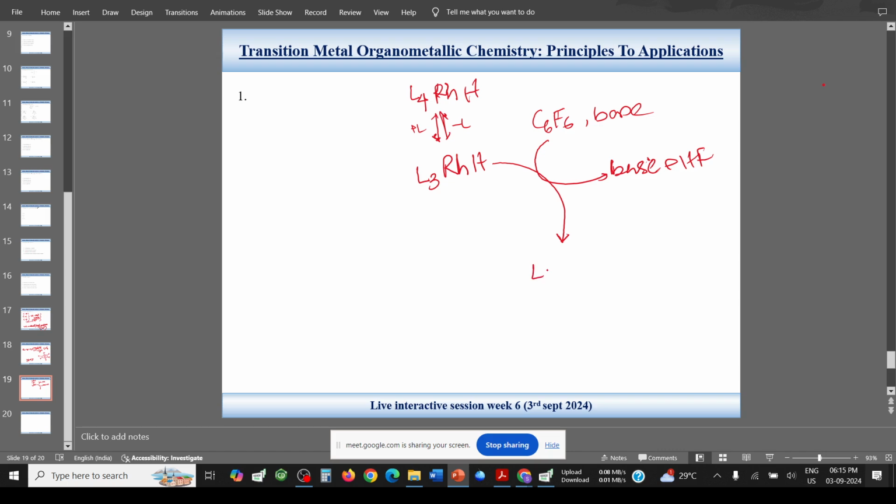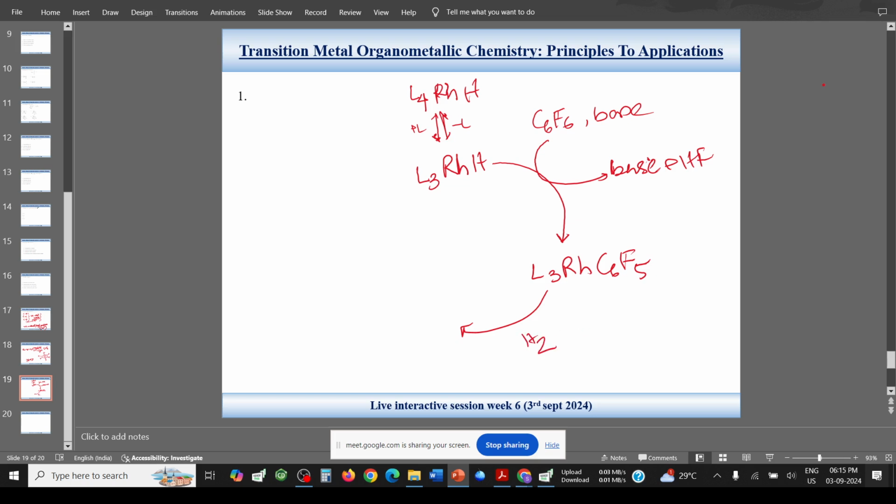So this will be L3RhC6F5. Now we need to add our functionalization reagent, that is H2.